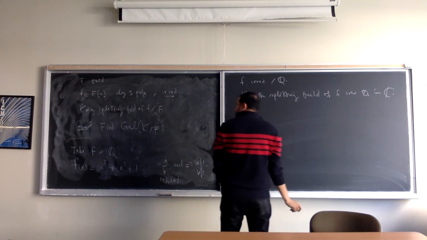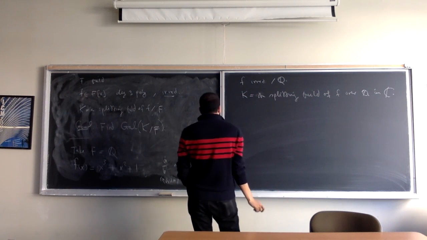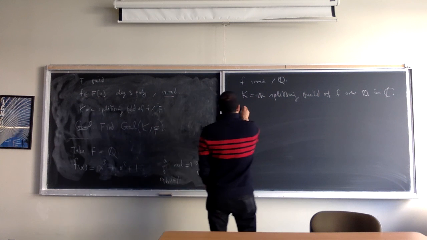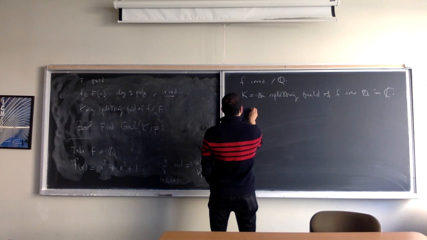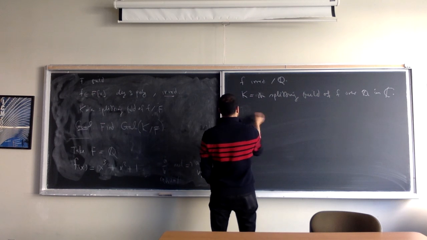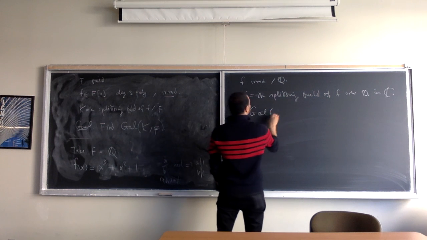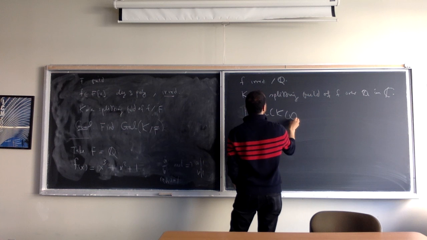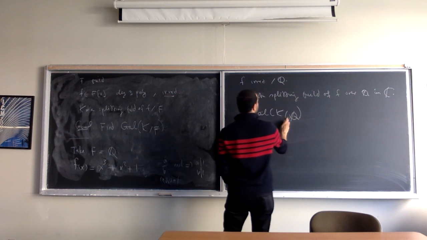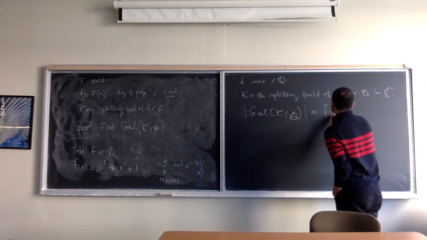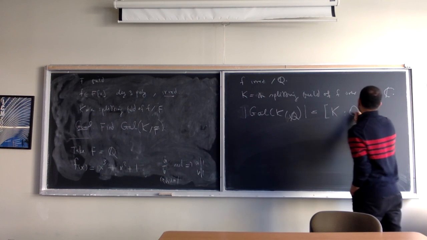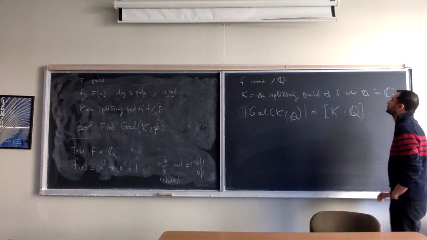Now, the number of elements of the Galois group. On the one hand, the number of elements of the Galois group of K over Q, K being the splitting field, is equal to the degree of K over Q. Why?